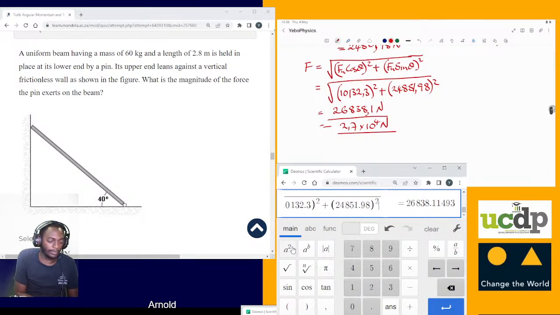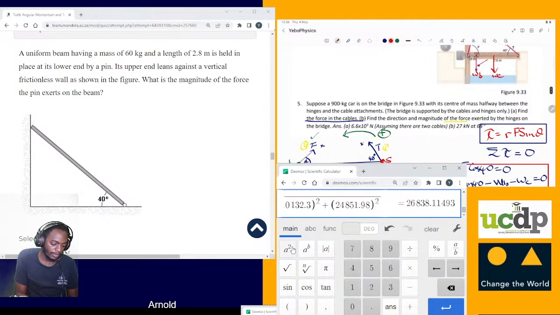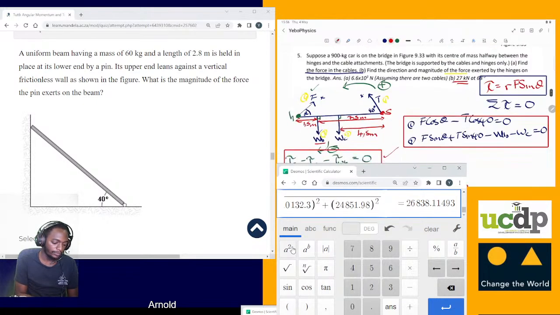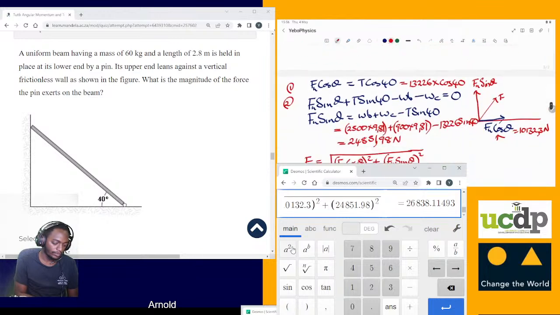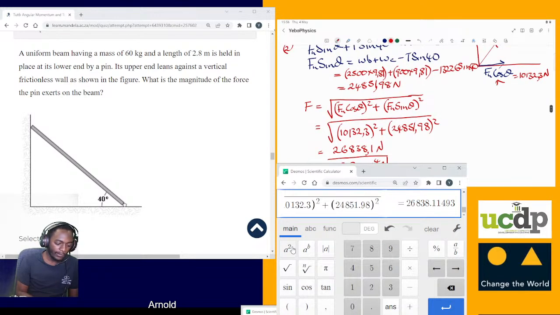Which is what we are expected to get, right? Then obviously again, you are supposed to calculate the angle, you remember.